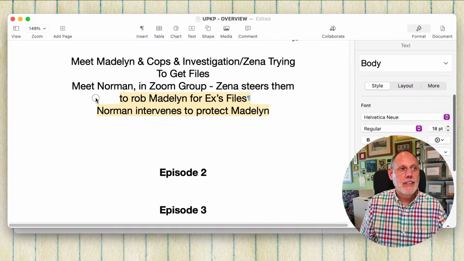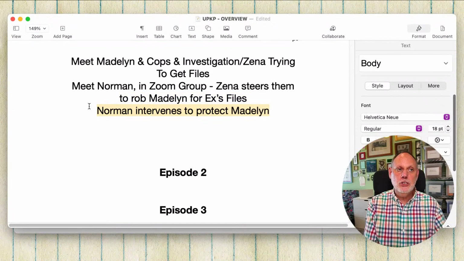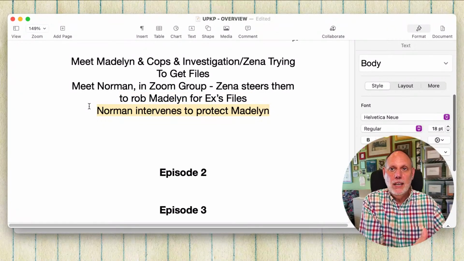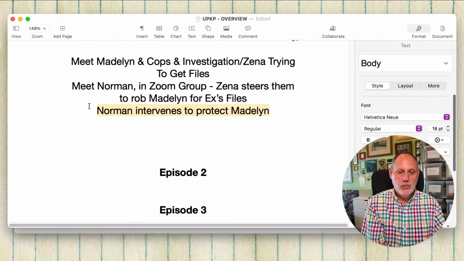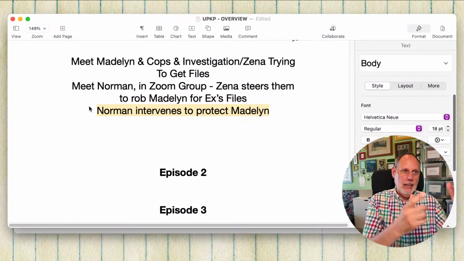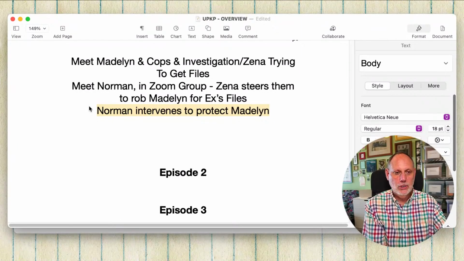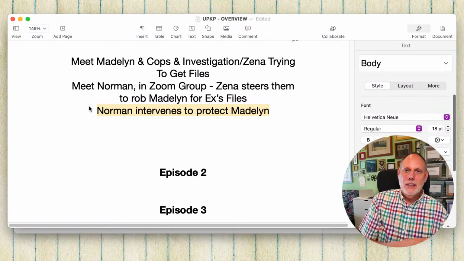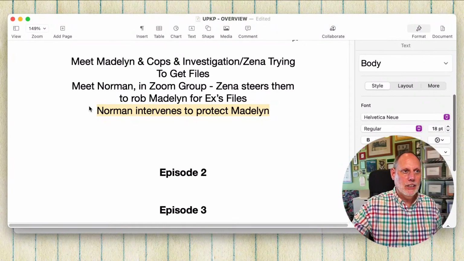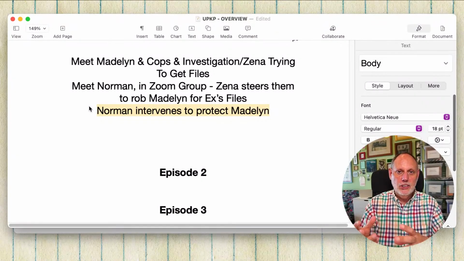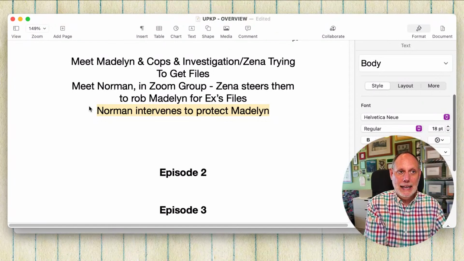Now the thing is, this kind of thing, like Norman intervenes to protect Madeline, that's actually going to be a bunch of scenes, because we're going to see Norman saying to Xena, hey, cut it out. Xena saying, no, this is important, or whatever she's going to say. Norman then decides to hit the road to try and get there first. We're also going to see Kanji trying to get to Madeline.